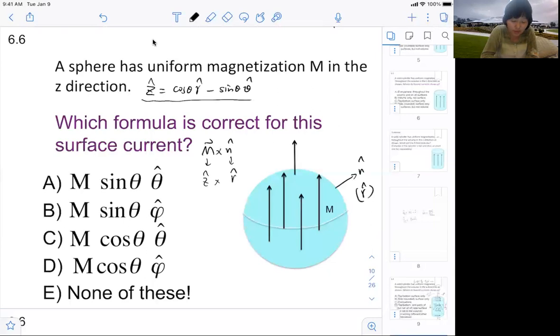Given that, I want you to try to figure out which formula would be correct to find this bound surface current, M cross n. Again, I don't think this will take too long, maybe a minute or two in your breakout groups, okay?